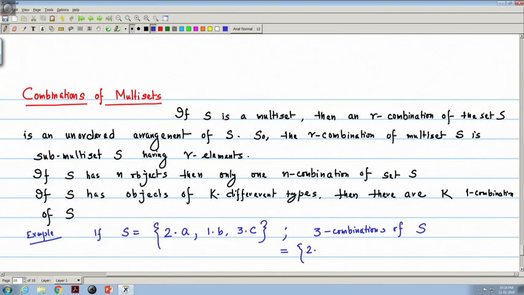So, I can write 2A, 1B; 2A, 1C; 1B, 2C; or it can be 1A, 1B, 1C, and so on.